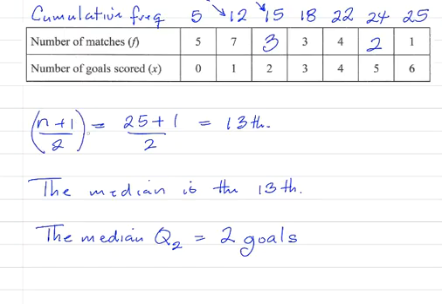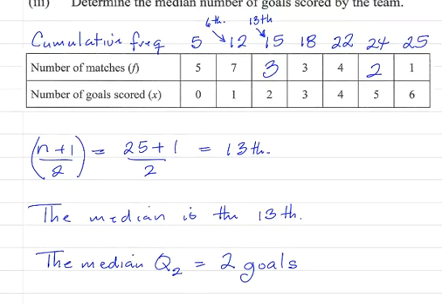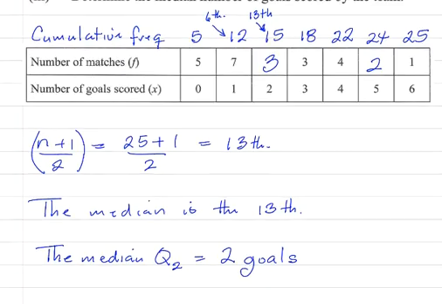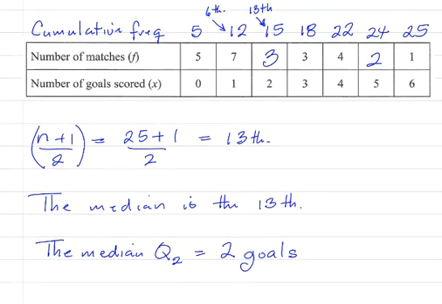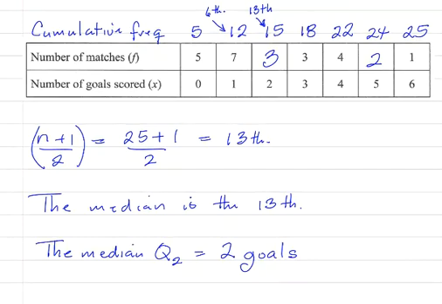It doesn't tell me what the median is, but it tells me which value in the distribution is the median. We got that the median is the 13th value. Then we use the cumulative frequency to determine that the 13th to the 15th value is 2. Therefore, the median, which is the 13th value, is 2.